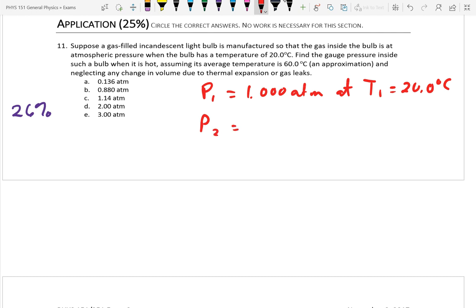Pressure 2 equals what at temperature 2 equals 60.0 degrees C. And we notice that it says gauge pressure. So these pressures I wrote are absolute pressures. They're the total pressure. What is the equation you use to solve this?